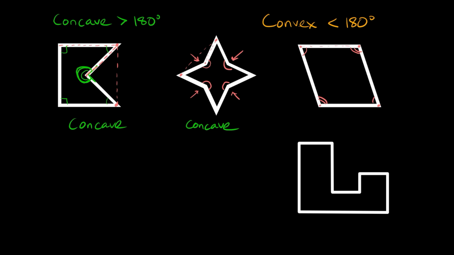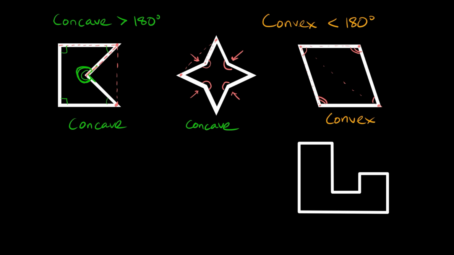I could draw that imaginary line to there. I could draw it to this corner, or I could draw it down to this corner, right? Do I ever end up outside of the shape? No, I don't, right? I always stay either inside the shape or right on the shape, right on the sides. So then we can tell that this is simply a convex shape, all right?